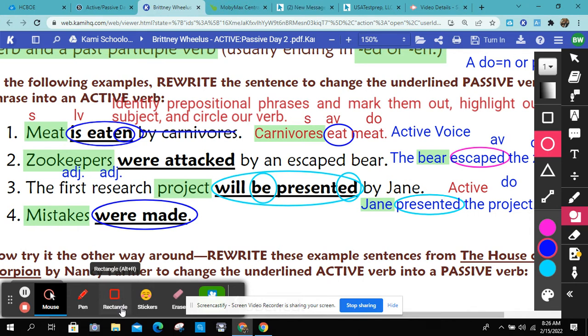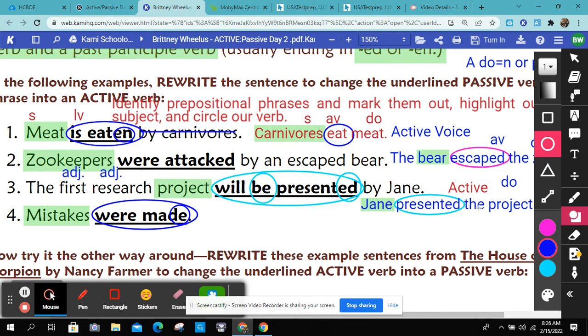Do I have a linking verb? Am, is, are, was, were. What is the linking verb? Were made. Now, this does not end in ed or en, but it ends in de, and it is still a linking verb with a participle. So this is still written in the passive voice.